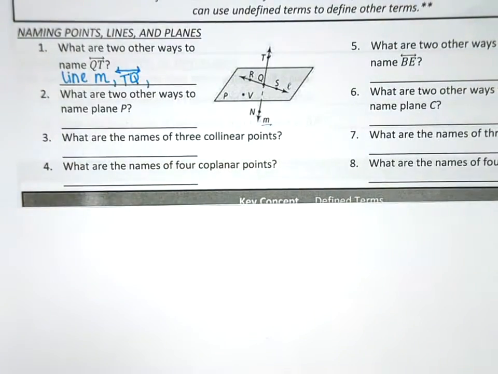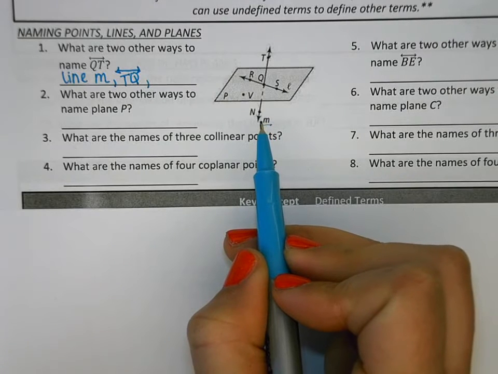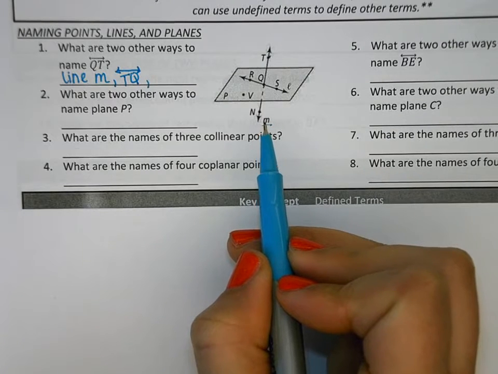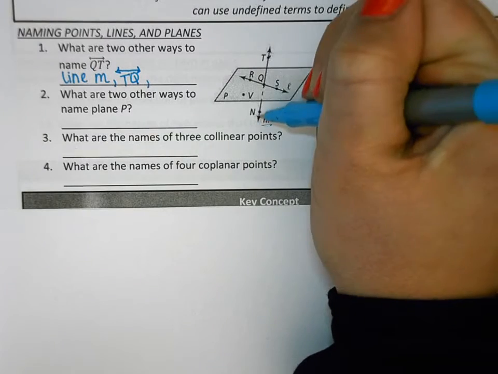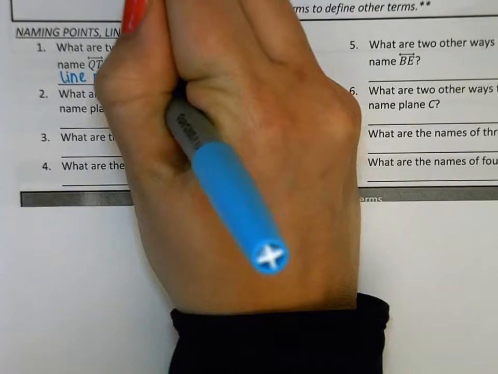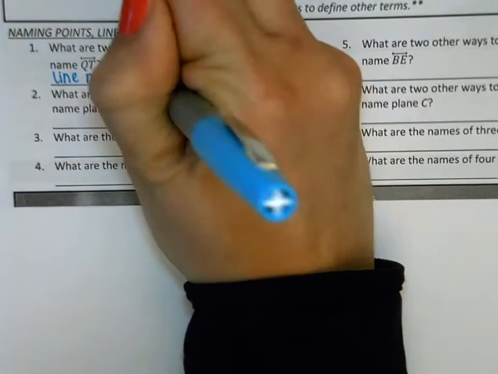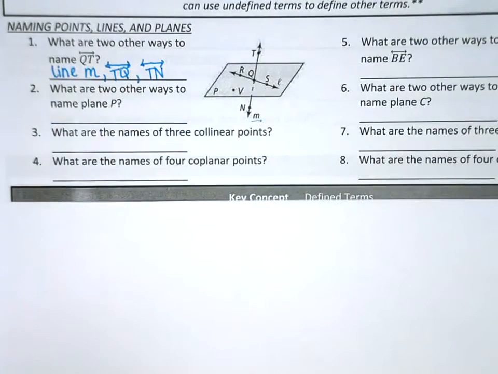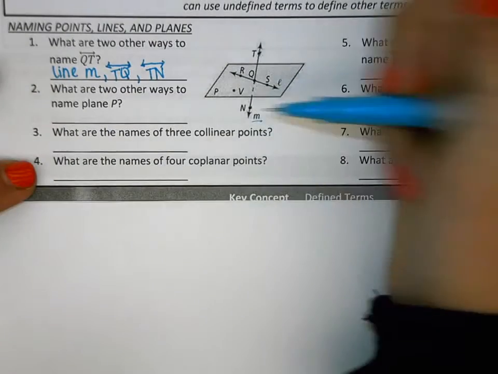Can I use the point N to name the line? I can, because it's on the line, right? Even though this line is not on the plane, it's still a line. So I could also use, say, line TN, because the line goes through the points T and N. What about line NT?